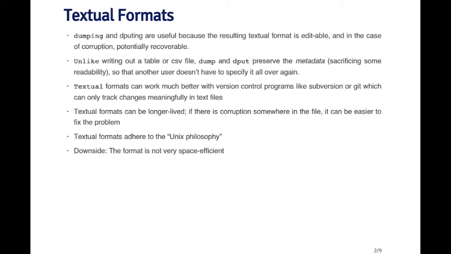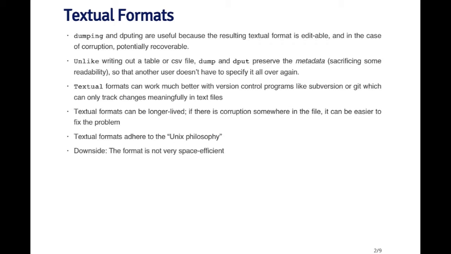So if you dump or you dput a data frame, it will include in the output the class of each column of the data frame, so you don't have to specify it when you read it in. The advantage of using this mechanism to store data is that it's still a textual format, which can be useful, but it also contains metadata, so that you don't have to specify it every single time you read it in.